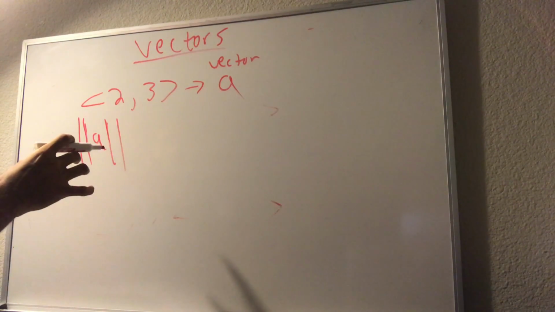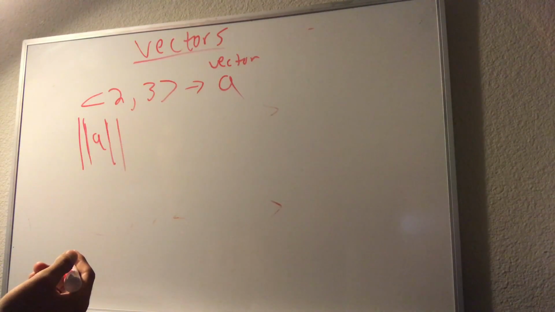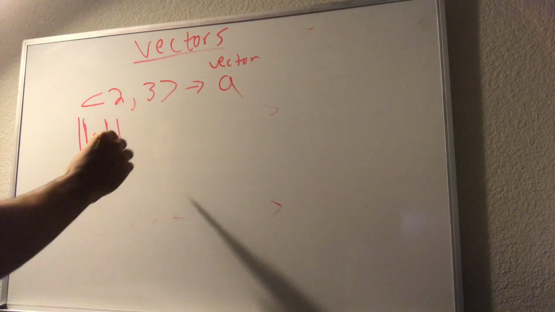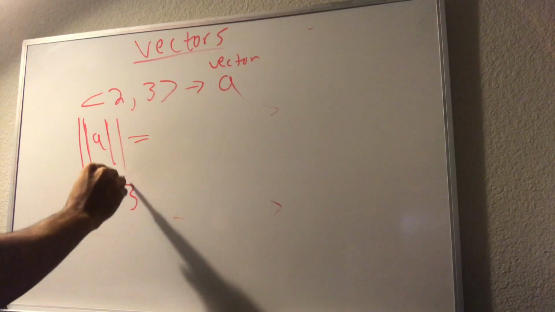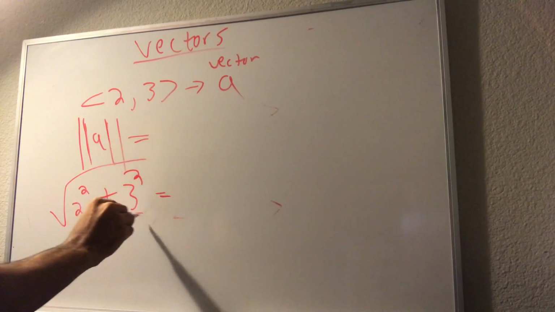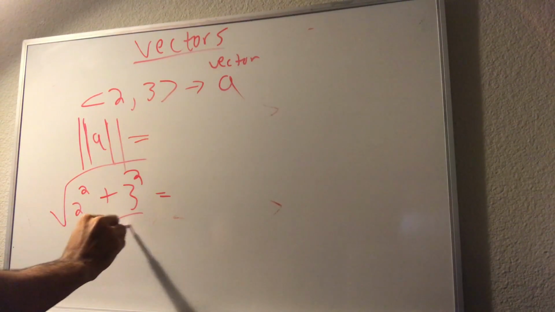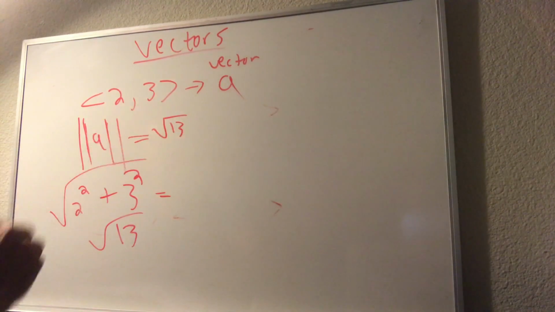So the best way to determine the magnitude is to use the Pythagorean theorem. This is equal to the square root of 2 squared plus 3 squared, so the square root of 4 plus 9, which is the square root of 13.